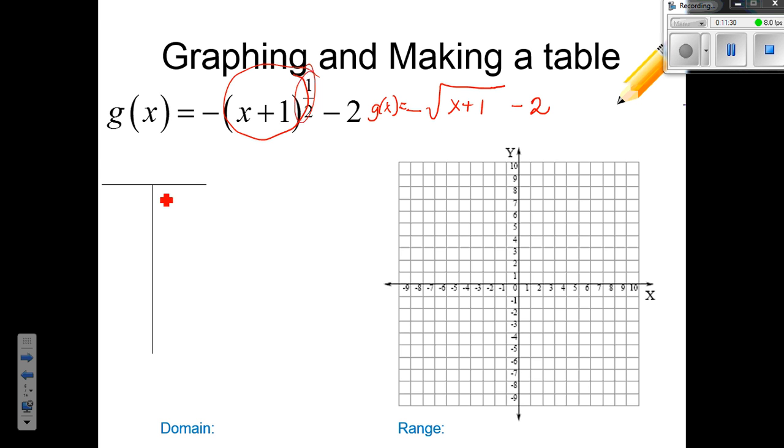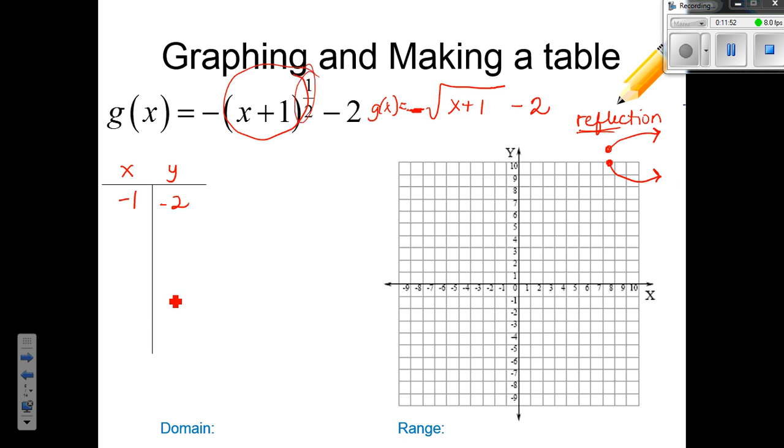We're going to go left 1 and down 2. Those are going to be my starting points. Okay, this graph has a reflection, so be careful that we don't graph going up because it's going to reflect, which means it's going to start and go down.